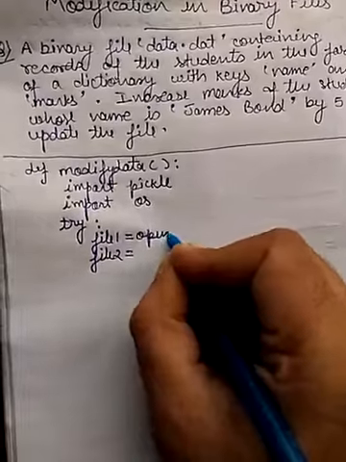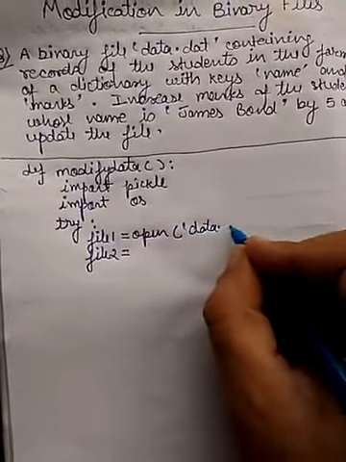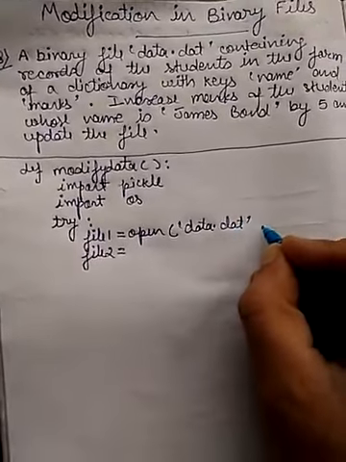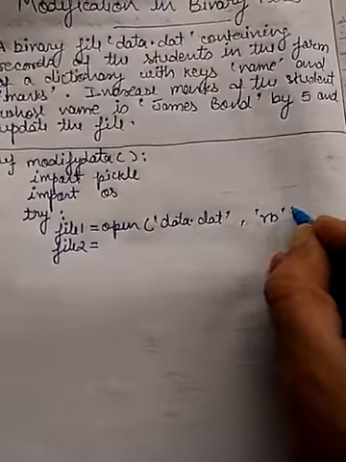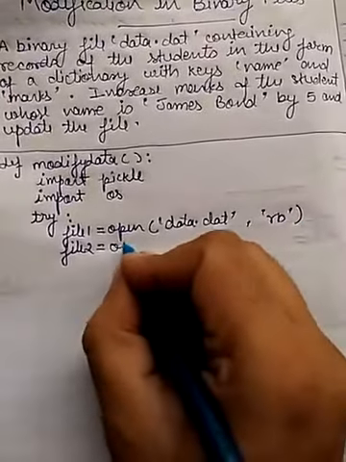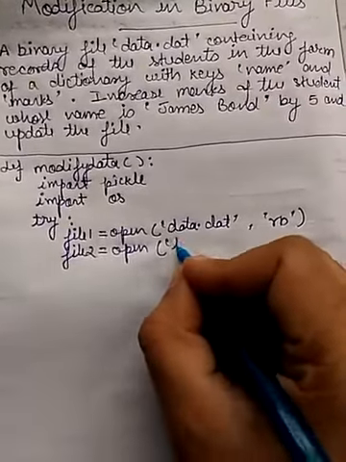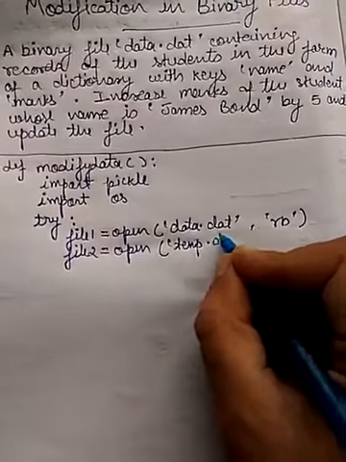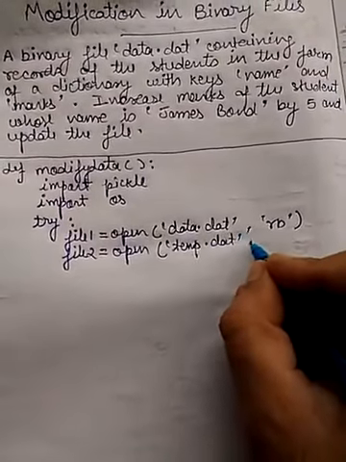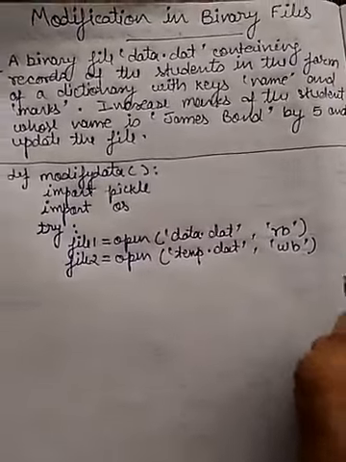Open the name of the file from where I have to read, data.dat. It is read binary. Another file open, let us say the name is temp.dat. It is for write binary.